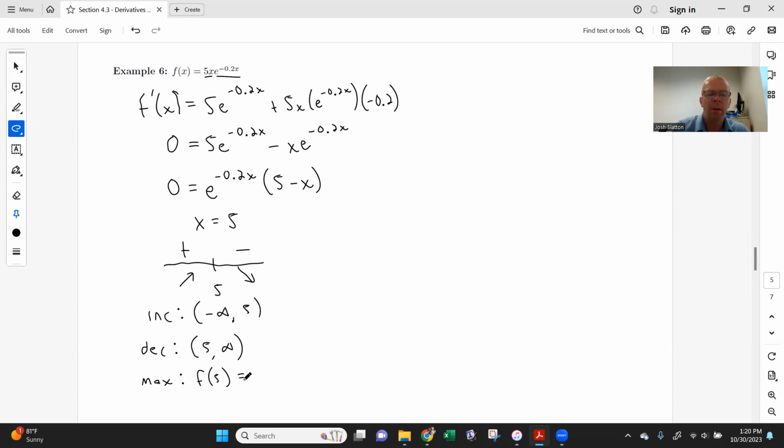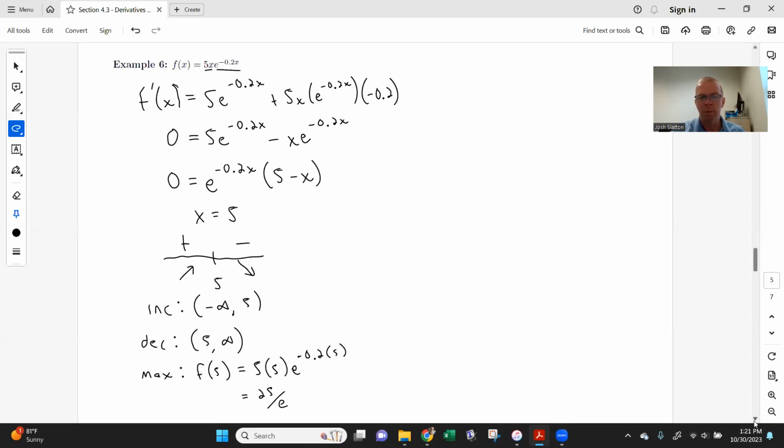So 5 times 5, well, we'll write this out. 5 times 5, e to the negative 0.2 times 5. And so we have 25, and that's going to be e to the negative 1. So we'll just put 25 over e. And then, of course, no minimum.